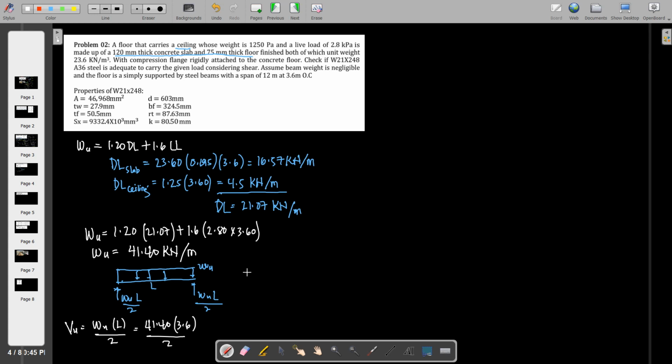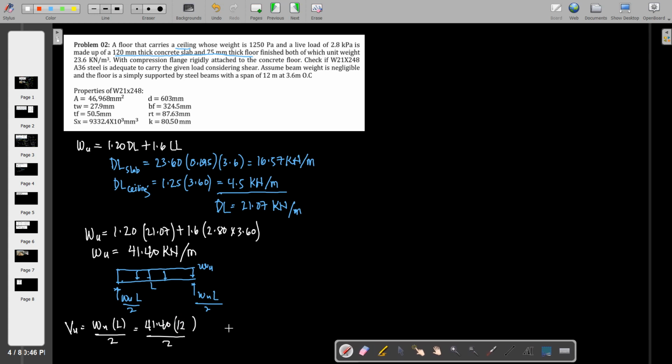We have 7. I'm sorry, this should be 12. I should see, the length is 12. So 41.4 times 12 over 2. We have 248.4 kilonewton. Now you might ask, bakit tong 3.6 ang length nito while ito 12?